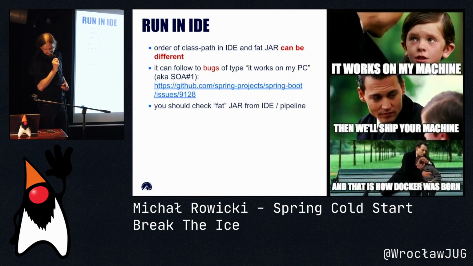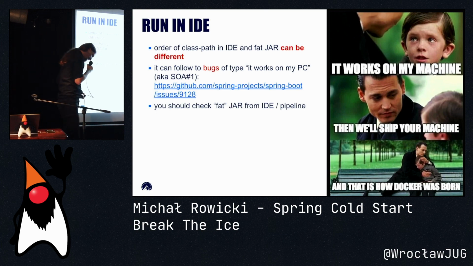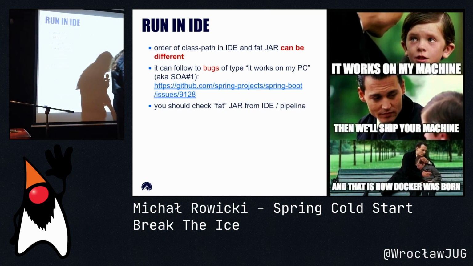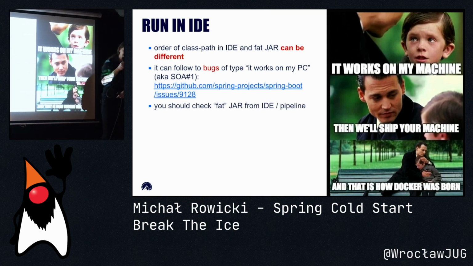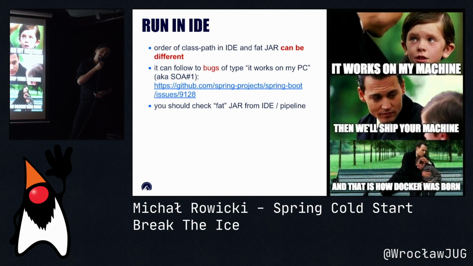And what can go wrong? It often happens that people run the application from the IDE. And the IDE, when it runs a Spring Boot application, uses a random class path order. And that's a kind of problem, because Spring Boot 10 years ago was built to avoid issues with running the application with a random class path order.